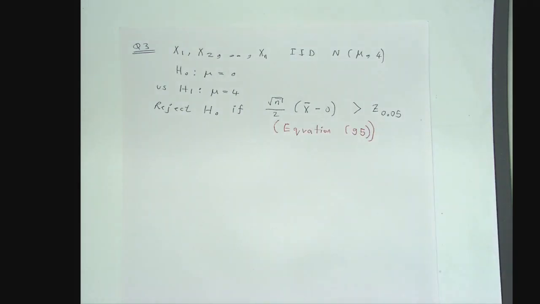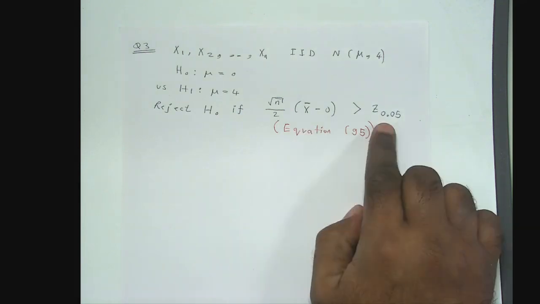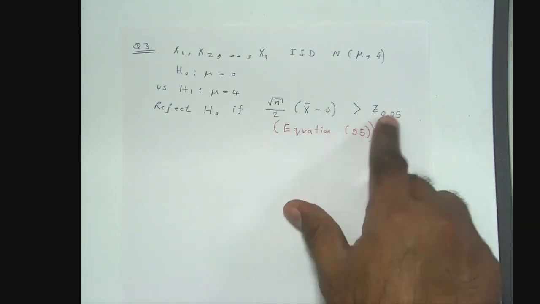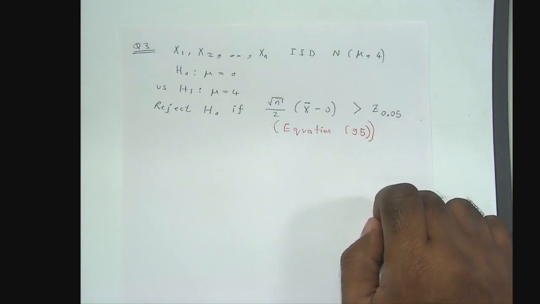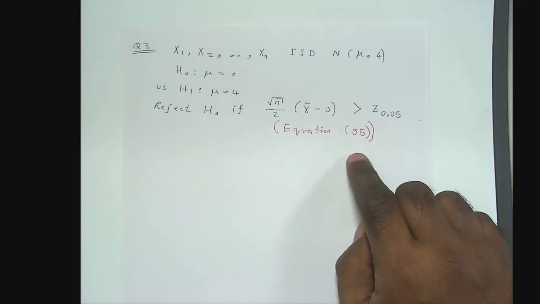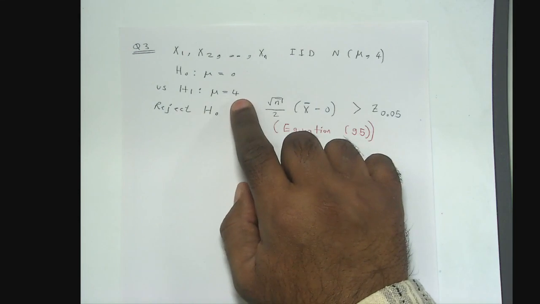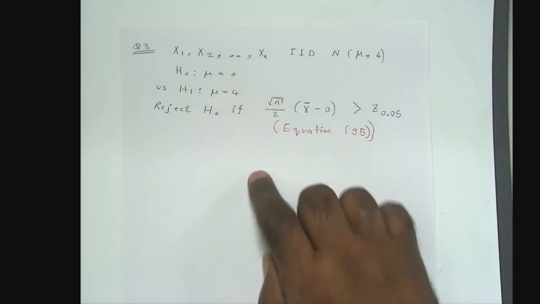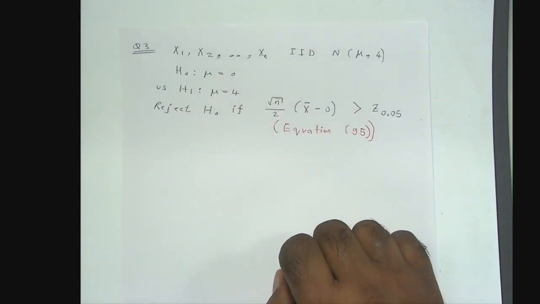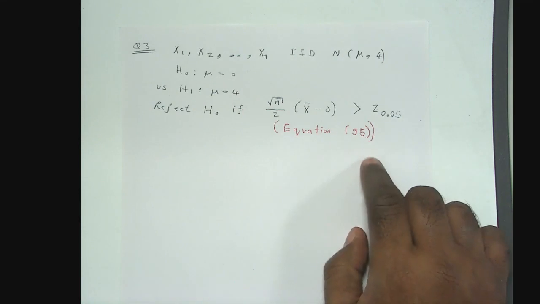If you look at equation 95 in the lecture notes, this is what it says. You reject the null hypothesis if this is greater than this, right? I'm using equation 95 because under the alternative hypothesis, 4 is greater than 0, and that's why I'm using this equation, right?